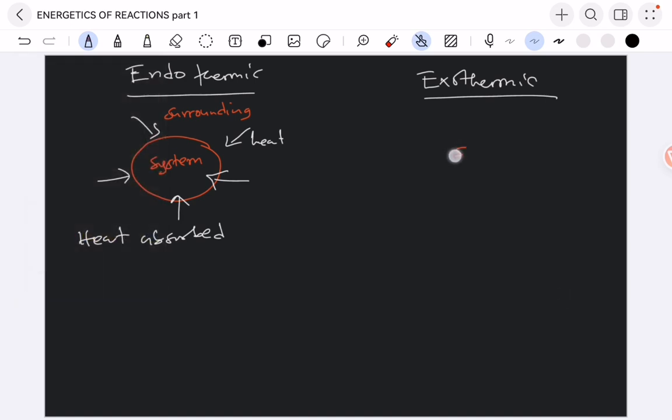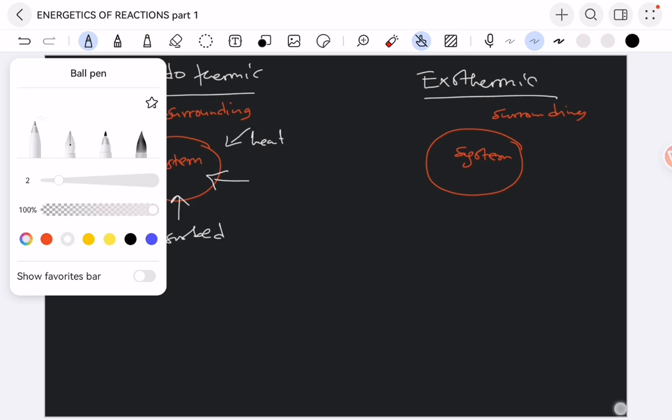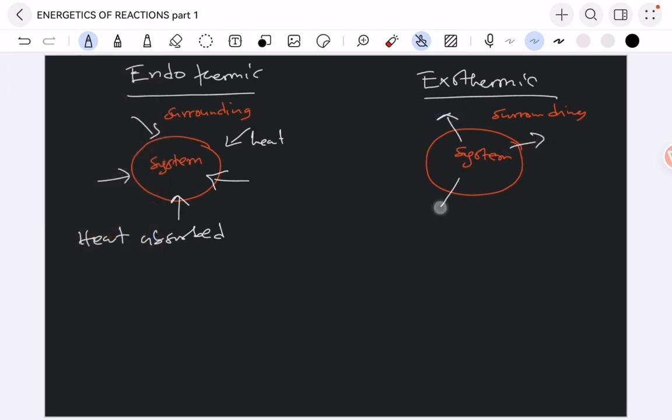Then the opposite can happen. So we can have a system and then the surrounding, then heat can move. So heat energy can move from the system going into the surrounding, and we say that heat is released, and that is referred to as exothermic.